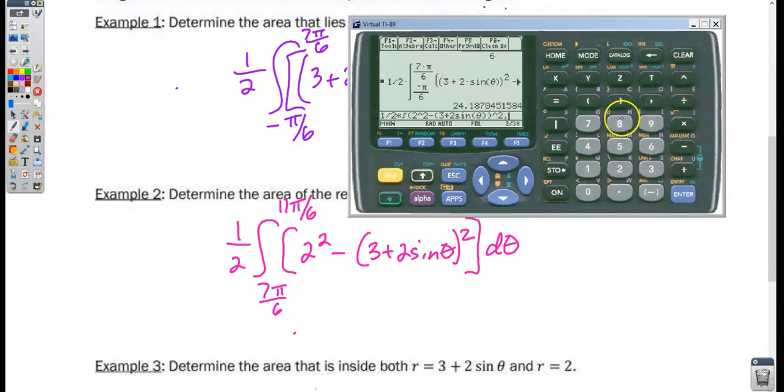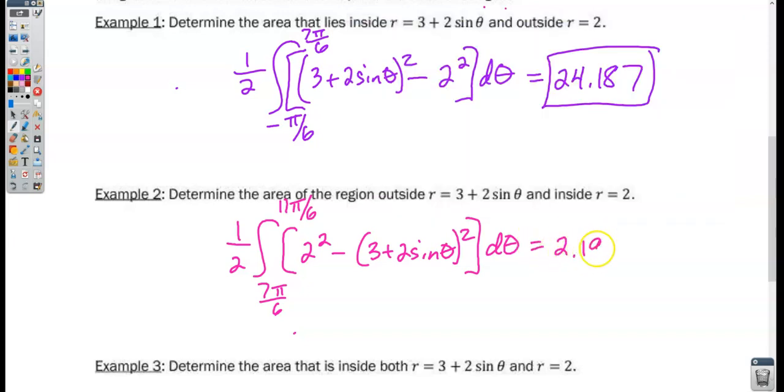Quantity squared with respect to theta from 7 pi over 6 to 11 pi over 6. And we'll let it calculate. And that's 2.196, 2.195 also acceptable. Let's see if we can get through this last one first here.